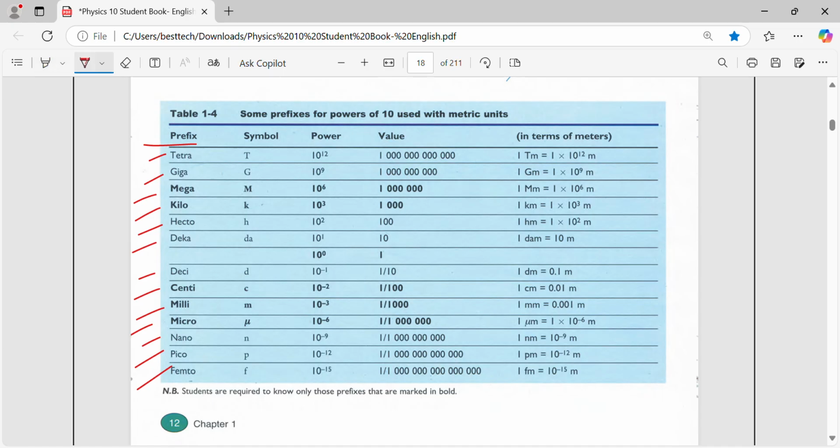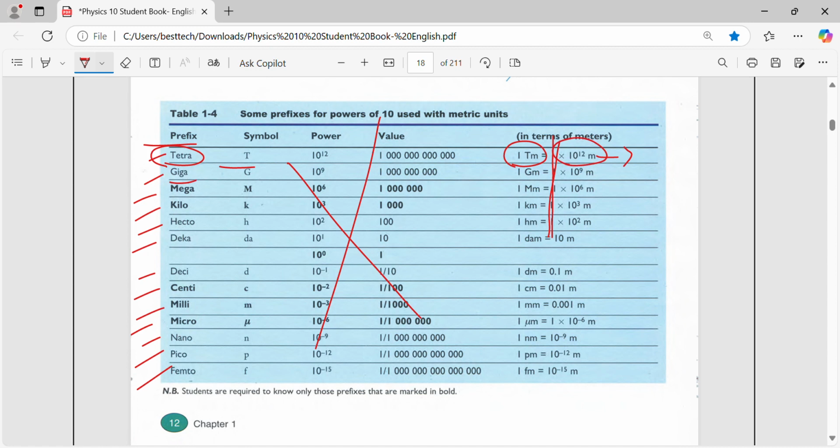First, we have the tera prefix. It is written with a capital T. And guys, we don't need this. So tera is T. This is the rule. Even we don't need this one too, guys. Just 1 terameter equals 10 power 12 meter.